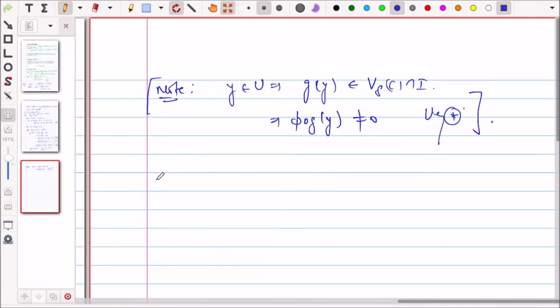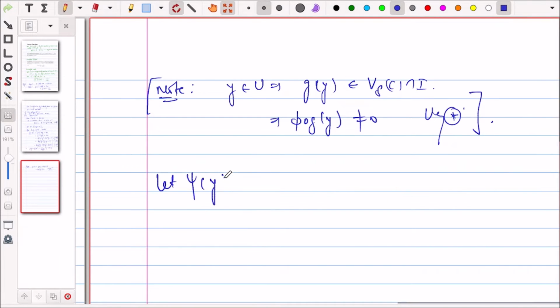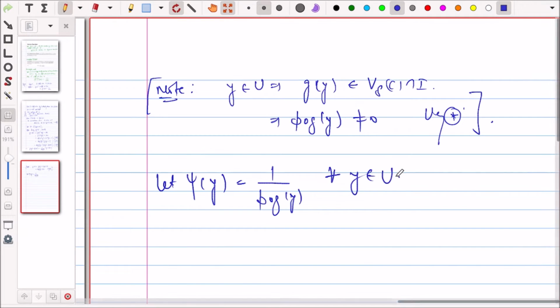So hence let psi of y equal to 1 by phi of gy for all y belonging to u.